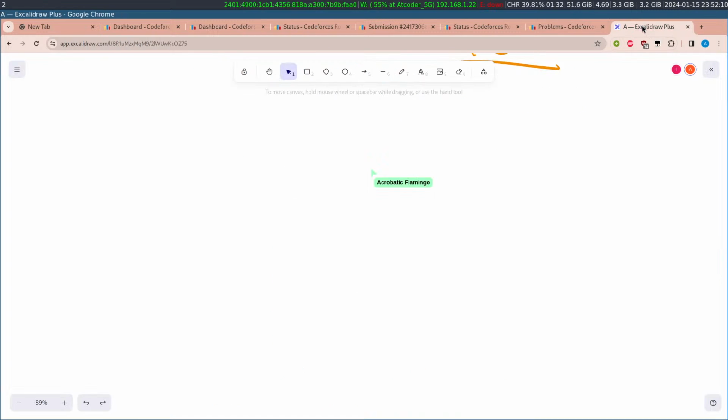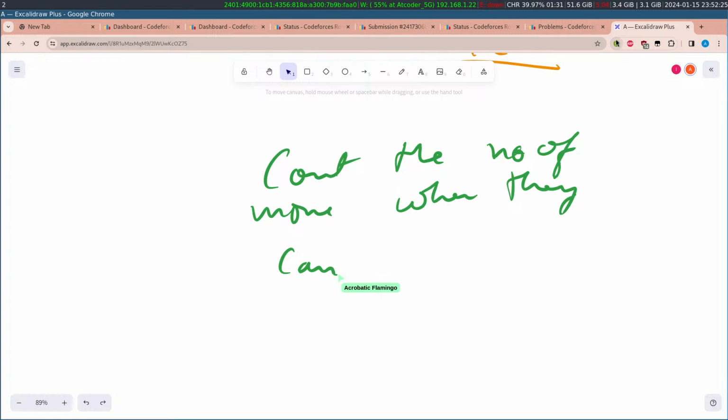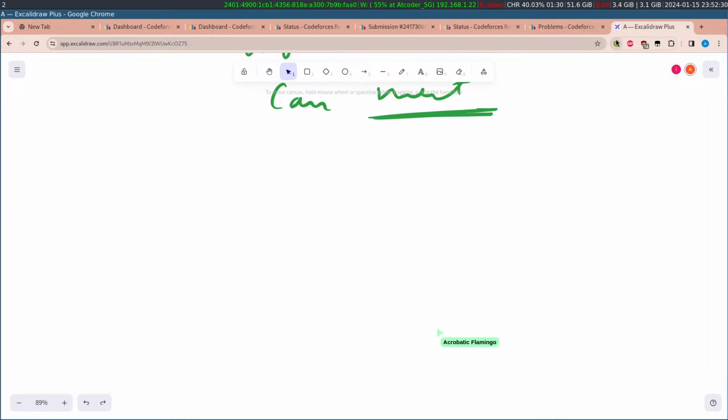And using the case over here, what we can see is we can first count the number of moves when they can meet. And this would be the number of total moves. In Alice's case, the x coordinate increases by 1, and in Bob's case, the x coordinate decreases by 1.